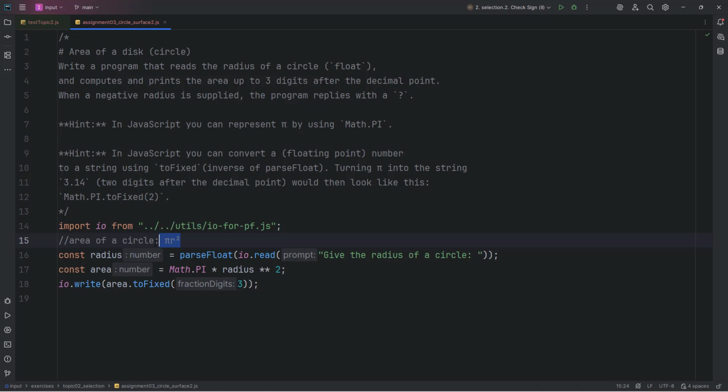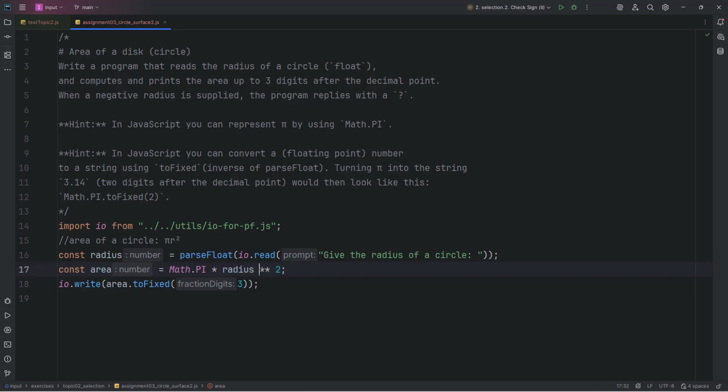I gave you the area of a circle formula. So I'm basically asking somebody, the user in this case, to give the radius of a circle. I'm parsing it to a float, which I'm assigning then to the radius variable. And then I'm taking the square of the radius.